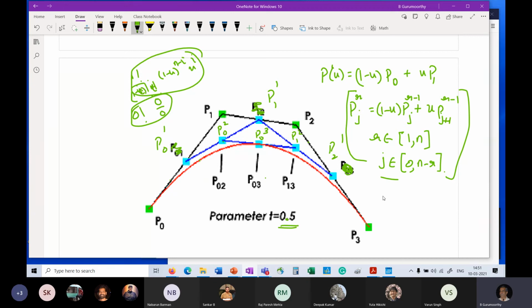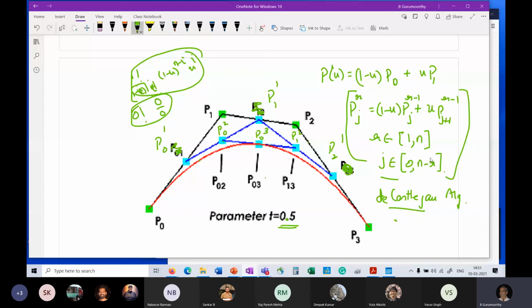So this algorithm is known as the de Casteljau algorithm. And as it turns out, he was about 3 years before Bezier, he had developed this algorithm. But as luck would have it, he didn't publish this article or this technique, and therefore the name on the curve went to Pierre Bezier. Okay.